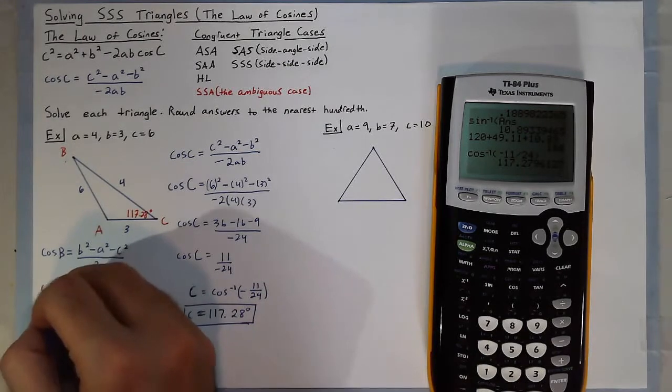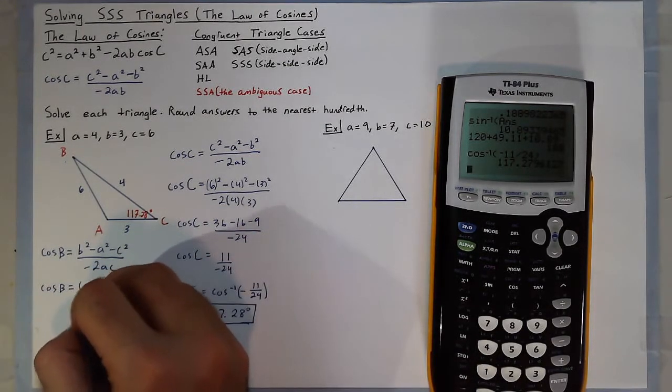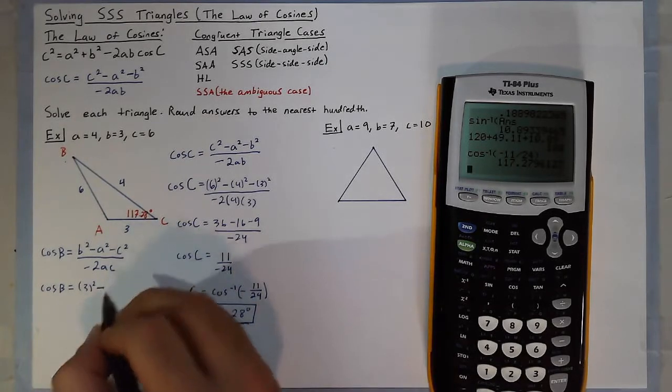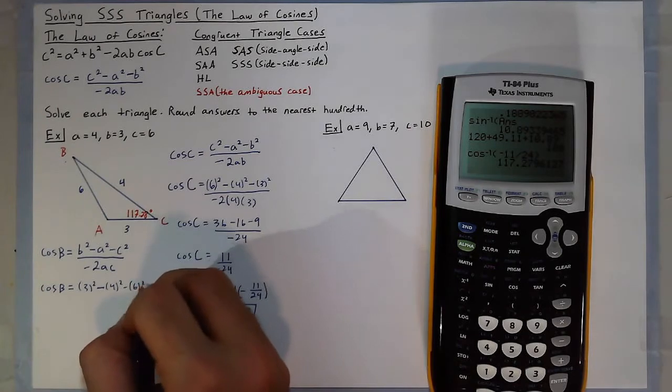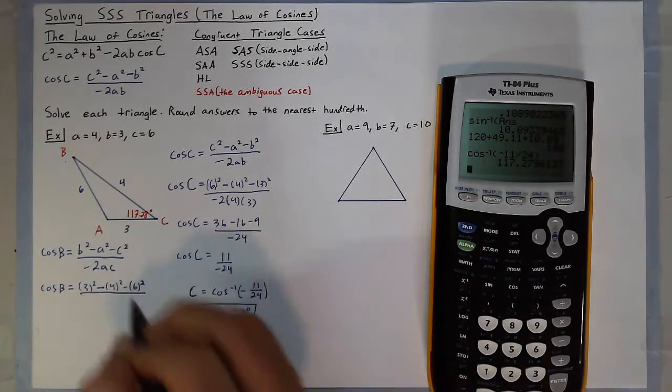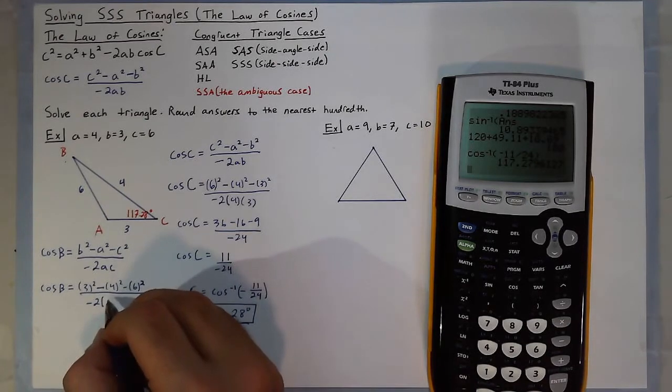So cosine of b would be equal to b squared, so that's 3 squared, minus 4 squared minus 6 squared, all over negative 2 times 4 times 6.